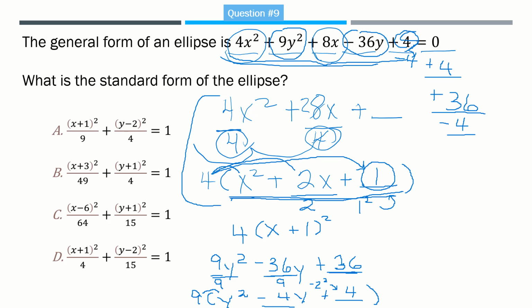So we can go ahead and factor those out. With the x's, I have 4 times (x plus 1) squared. The y's, I have 9 times, and then we got this trinomial right here.